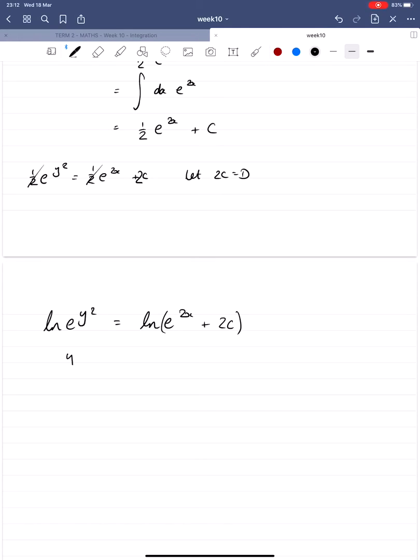Okay, so this is y squared is equal to ln e to the 2x plus, 2c I'd call d, plus d. Which means y is equal to ln e to the 2x plus d square rooted. All right.